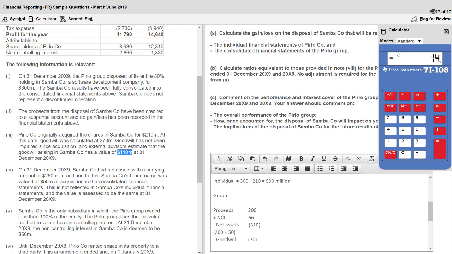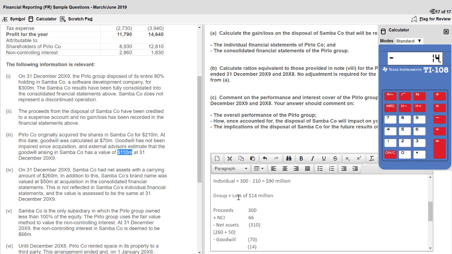Be very careful there, that negative sign is hidden on the left of the calculator. So that therefore means that you have a loss within the group of $14 million.